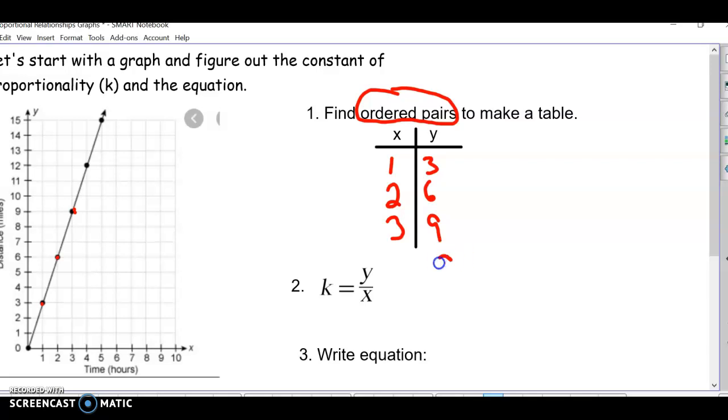So any of these will work because it's a proportional relationship. 9 divided by 3 equals 3. There's our constant. And we're going to use that to write our equation. Remember, y is always equal to the constant, in this case 3, times x. Y is equal to 3x.